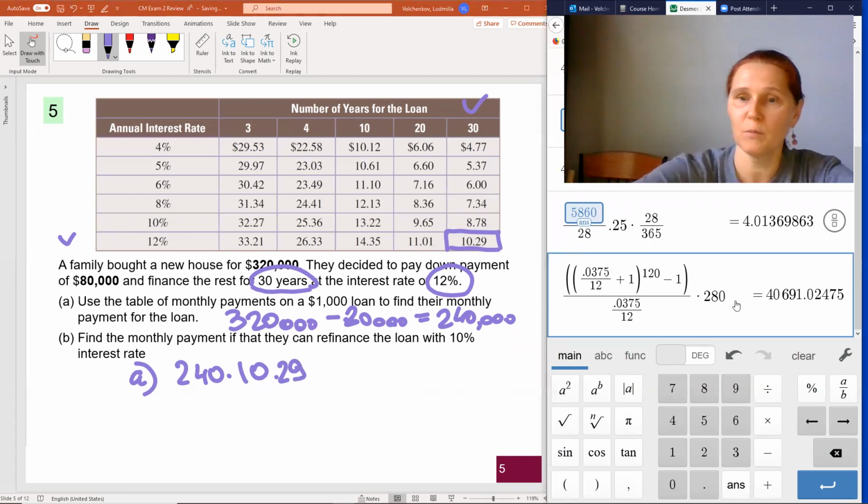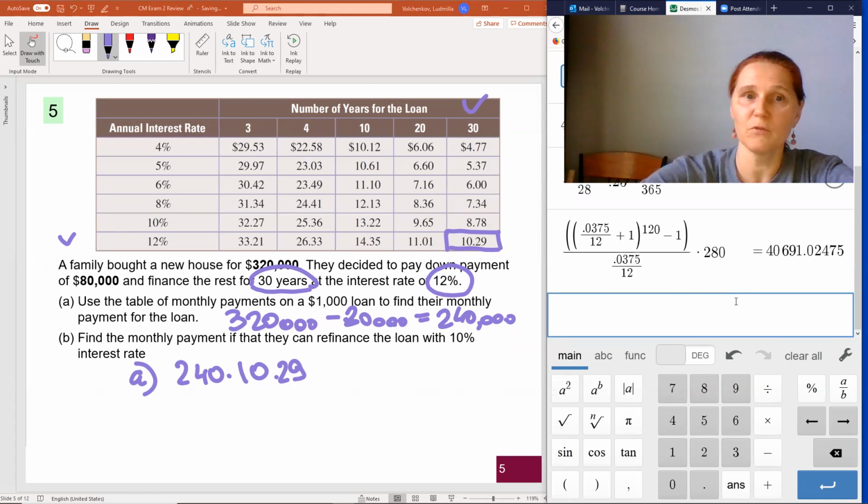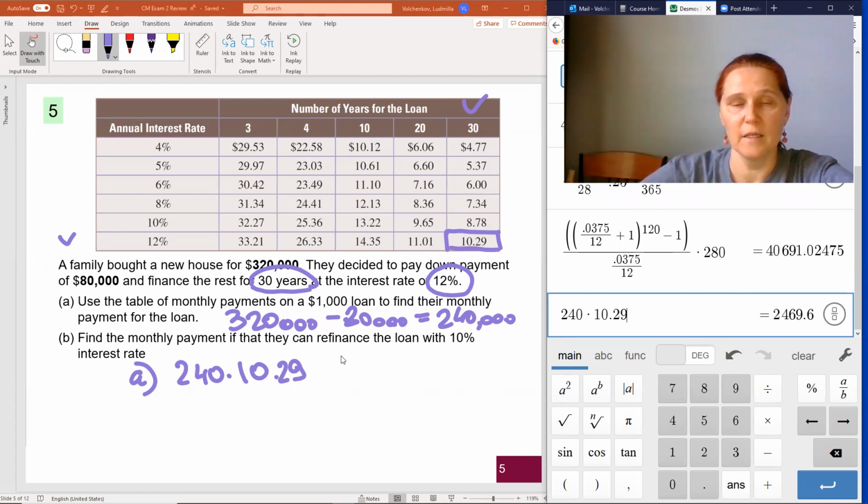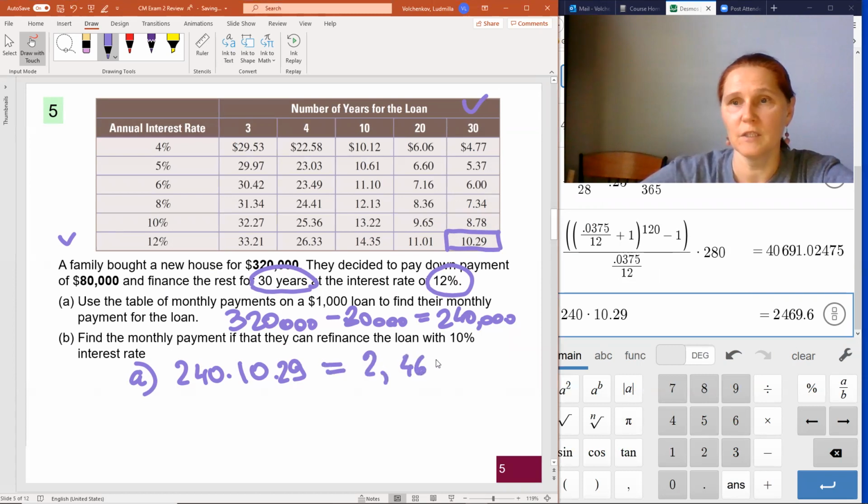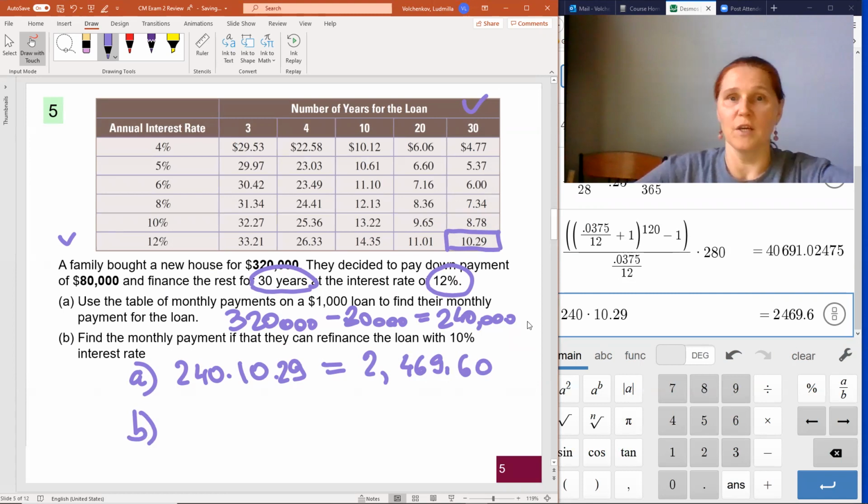It will be a regular payment for this loan. 240 times 10.29. The regular payment is $2,469.60. Situation B, suppose they have found a loan with 10% interest rate.